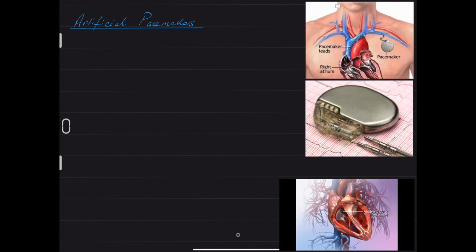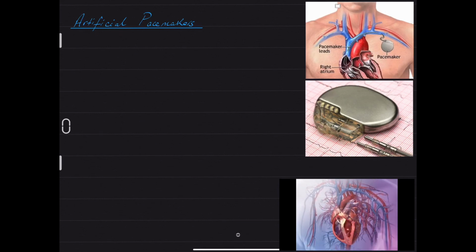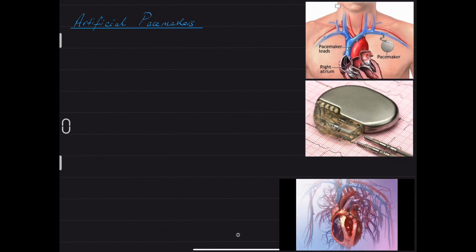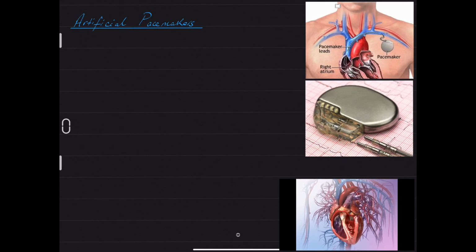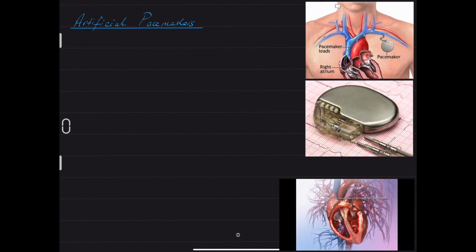So, problems with the rhythm of the heart can be corrected using an artificial pacemaker. An artificial pacemaker is an electrical device used to correct any irregularities in the heart rate, and it is implanted into the chest.